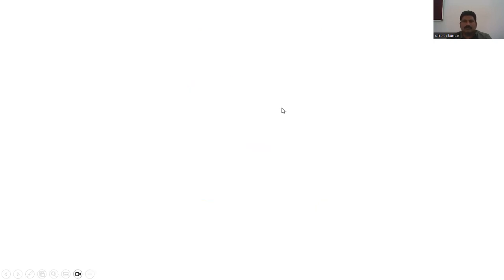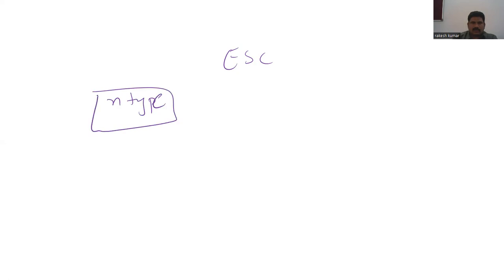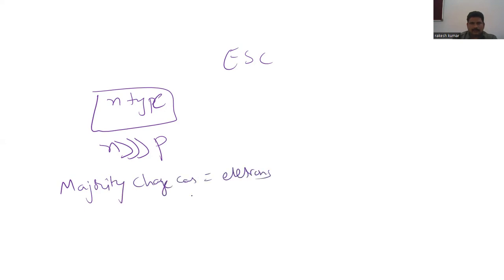Coming to the extrinsic semiconductor, in an n-type extrinsic semiconductor, what is the condition? n is far greater than p. Here in n-type, the majority charge carriers are electrons and the minority charge carriers are holes.